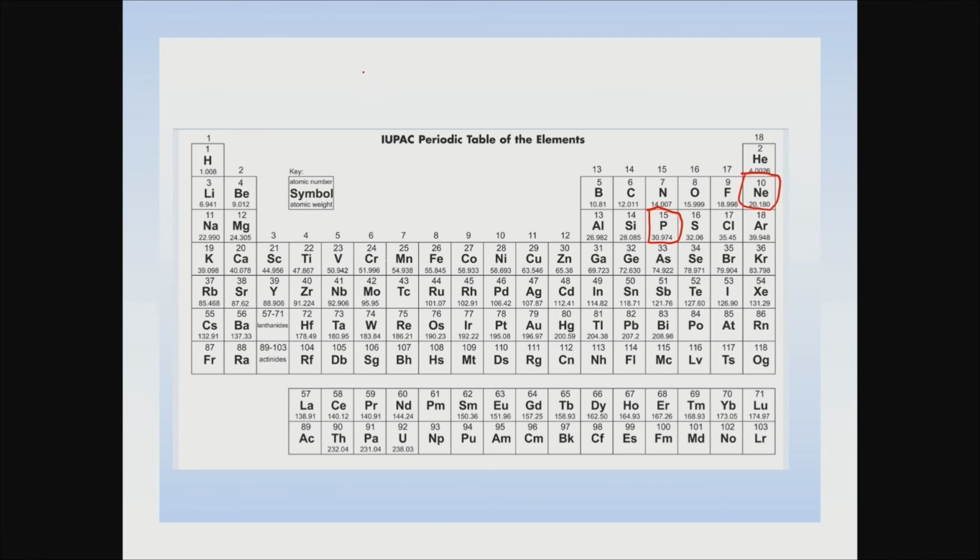Its configuration is going to be neon, and then we have to figure out the orbitals that the 5 extra electrons go into. That's a little tricky, so I need to show you how to do that.